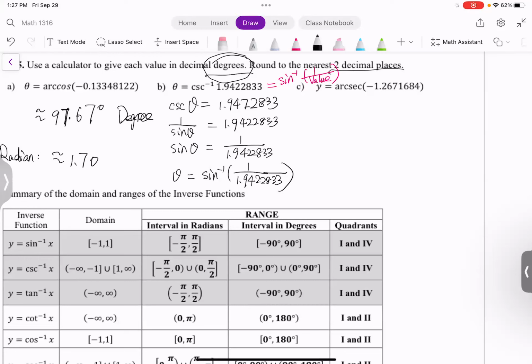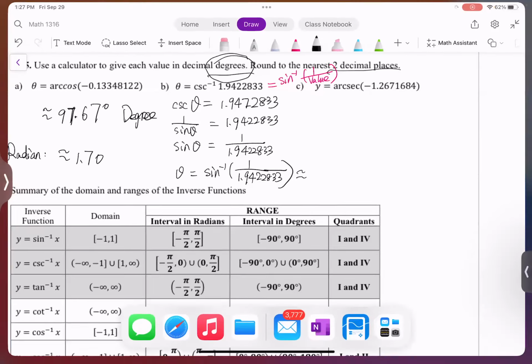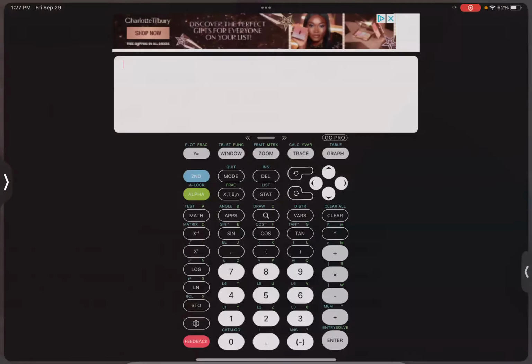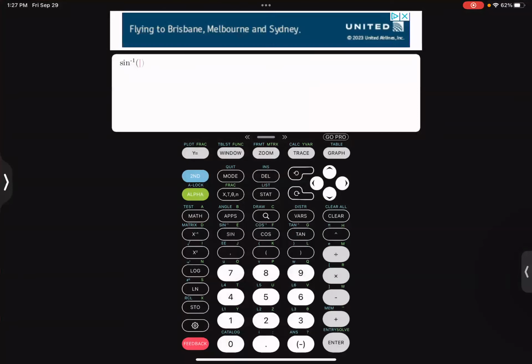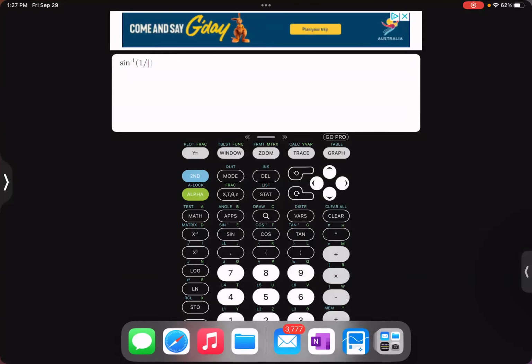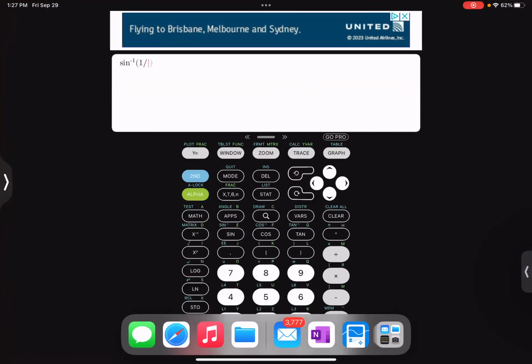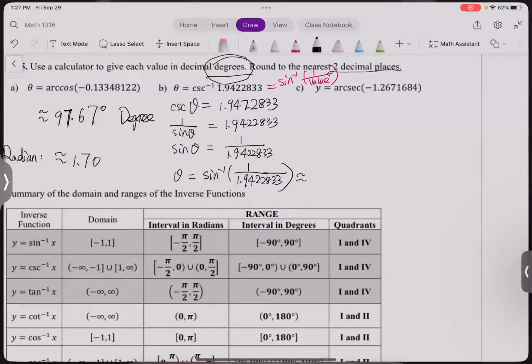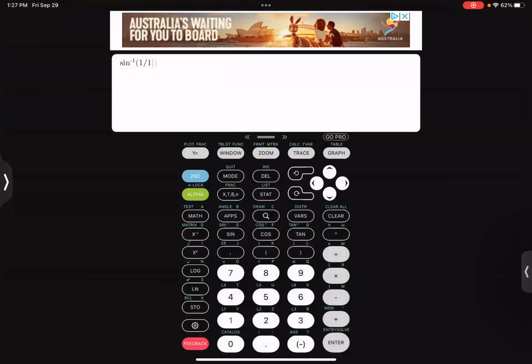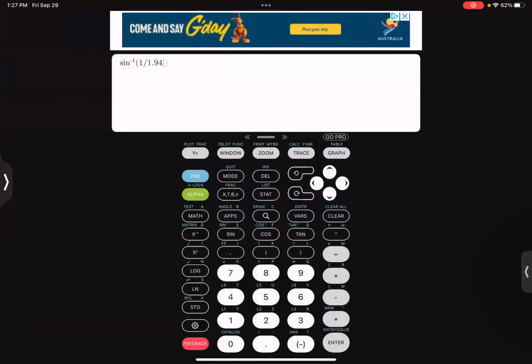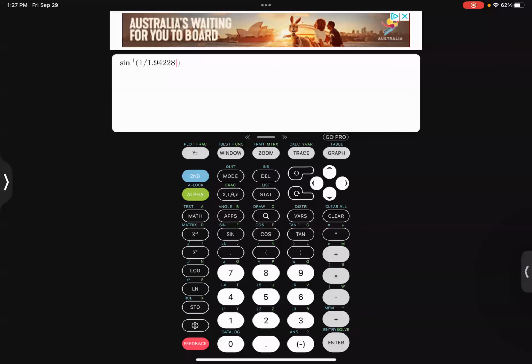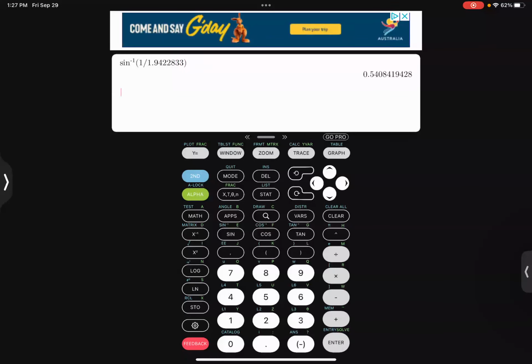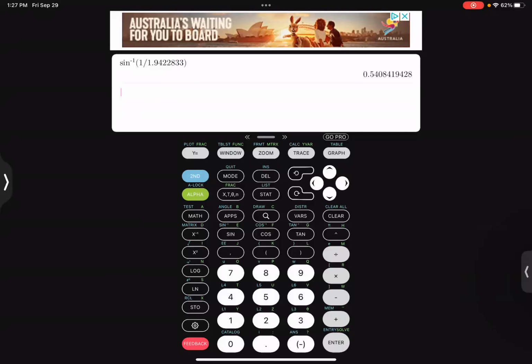Let's use our calculator to approximate the value of theta. First click second and then click sine. 1 divided by 1.9422833, close the parentheses. Okay, this is my angle in the radian mode.